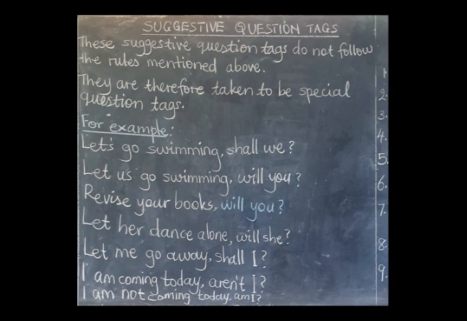When you look at the first example of those which are suggestive and do not follow the previous principles of negative and positive, we have: Let's go swimming, shall we? It is suggesting, because you also look at yourself as part of the group that is supposed to go swimming. Whereas in the second example, it is: Let us go swimming, will you?